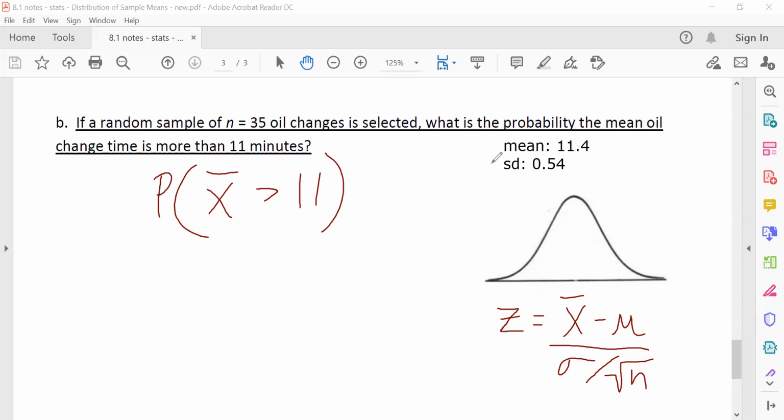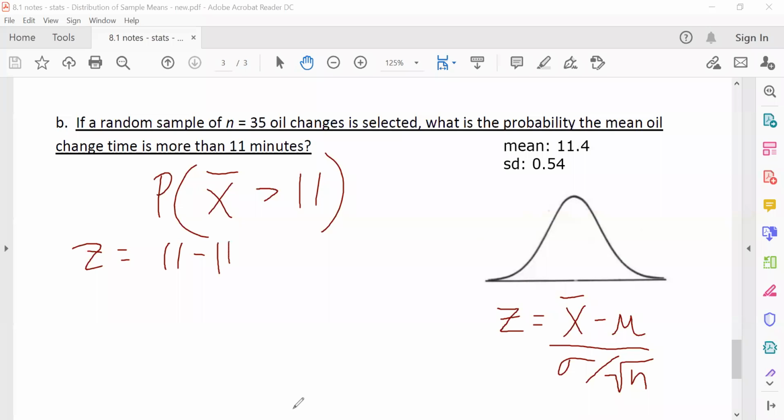So actually our z-score of interest here, z equals X bar, is going to be 11. We want to know what's the probability that the mean of the sample will exceed 11 minutes. So we're going to use X bar there.